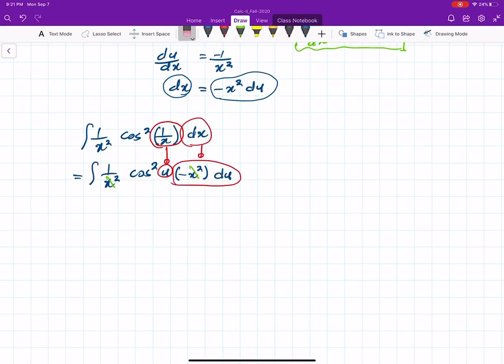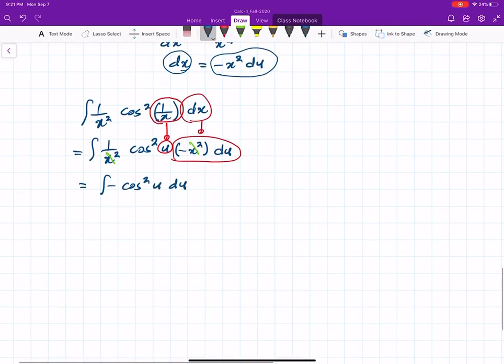Then I write, here it is minus, here it's minus, and here you have cos square, it is actually minus cos square u du. Okay, minus is a constant, you can get that out.